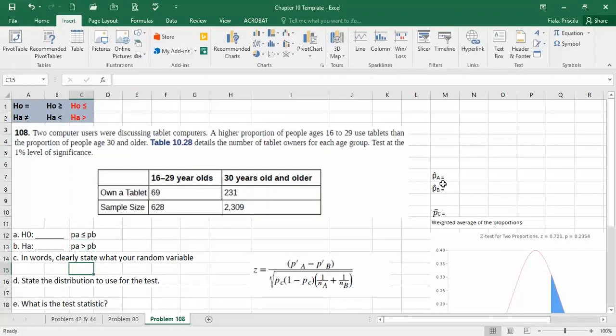Let's go ahead and calculate this so we can have the numbers that we're going to be plugging in when we get to the test statistic.